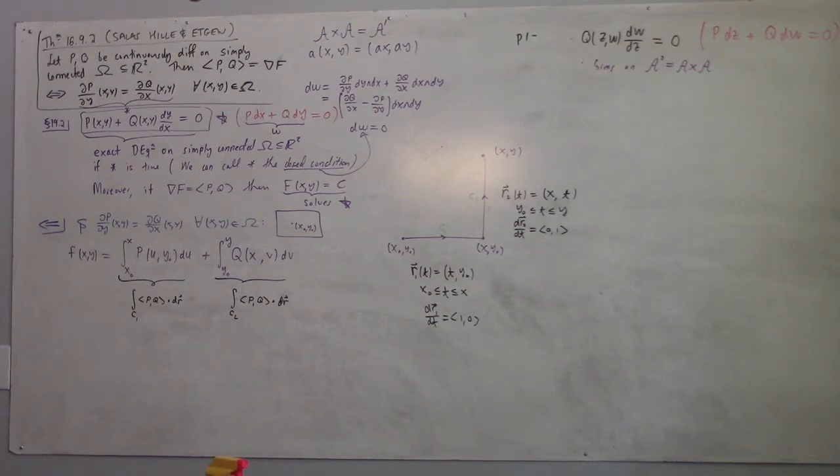So they may not yet have, at this point in the text, the theorems about path independence for conservative vector fields. But if we do know that, then there are a couple of different ways to go here. The one way is that the value of f so defined is unique because there is just one line segment that goes horizontally over to the x component and then up vertically.